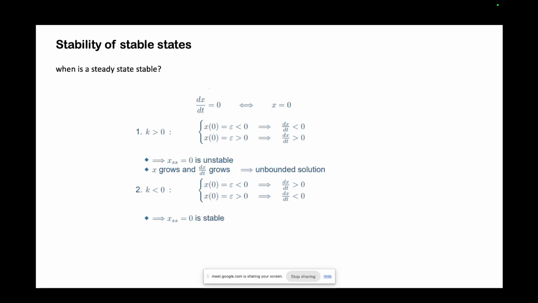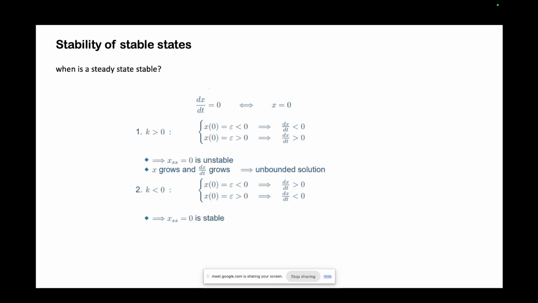Unstable means if I push this, will it come back to its original position or move away? Most probably it will move away. This is the maxima, so if you have the steady state here and you push it, it will move away. So it's likely an unstable steady state.